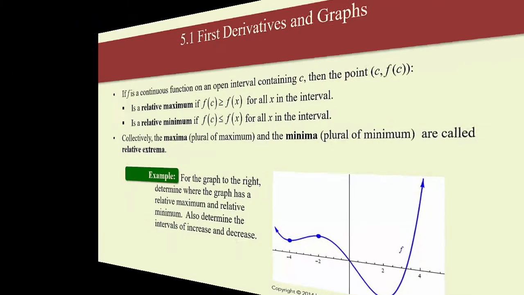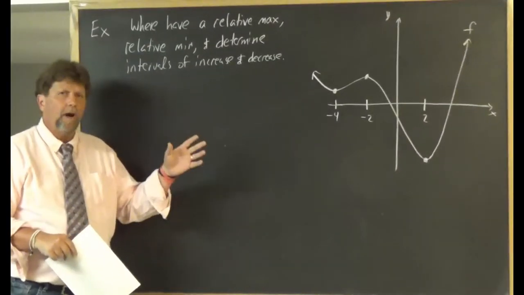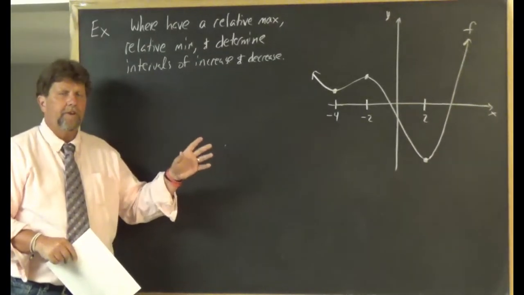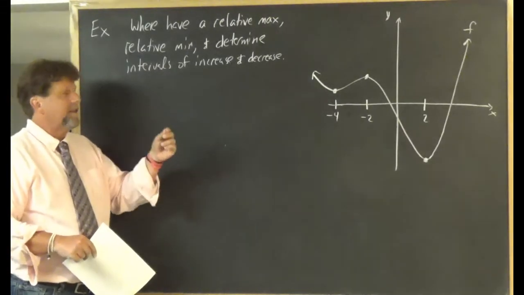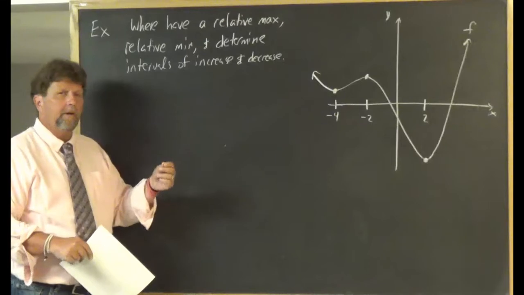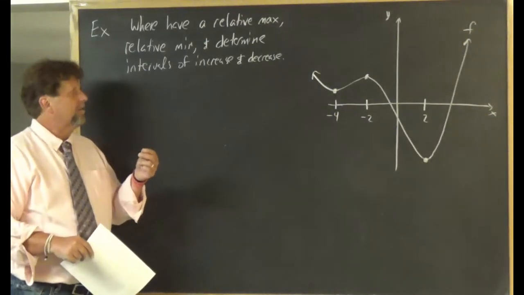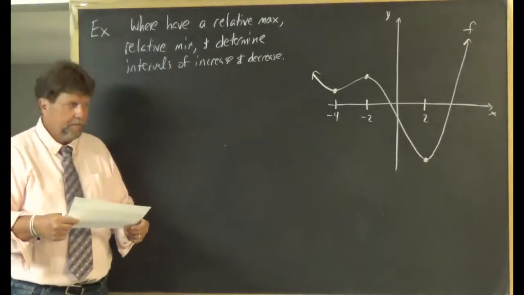All right, folks, we were given this graph of some function. Don't know what the function is, don't care. And we're asked to find where there would be a relative maximum, a relative minimum, and also determine intervals of increase and decrease.